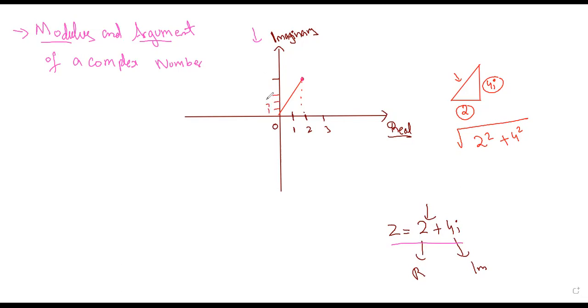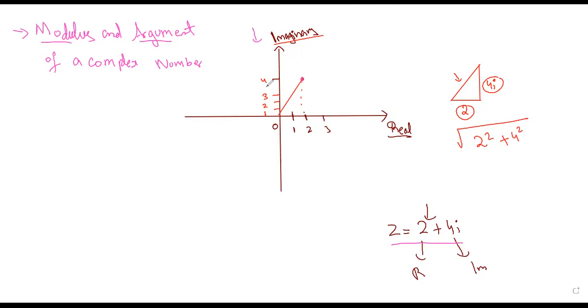This is 1, 2, 3, 4. So this was 4. This is 3, 2, and 1, right? Just know that whenever we are saying this as imaginary axis, this is basically 4 iota, 3 iota, 2 iota, and 1.